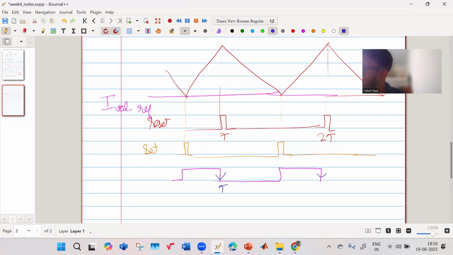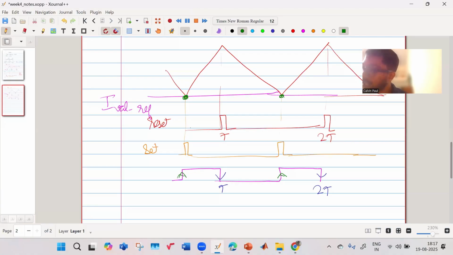This will happen at T, it will happen at 2T. This is fixed. But this is controlled: when it will turn on comes from the event when it touches the valley. That is why it is known as valley current mode control.